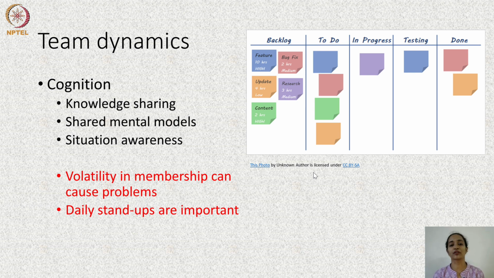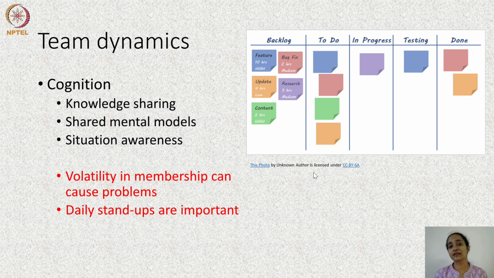To develop team cognition, it's very important that there should not be volatility in membership. If the team members constantly keep changing, or if there are new additions to the team at any different phase in its life cycle, then it can cause problems in knowledge sharing, and also the new member of the team will have to be brought up to date in terms of the shared mental model.